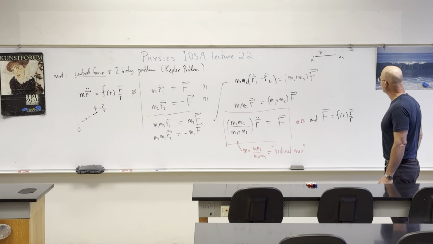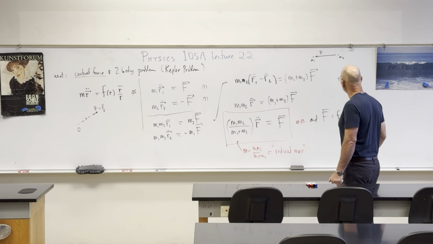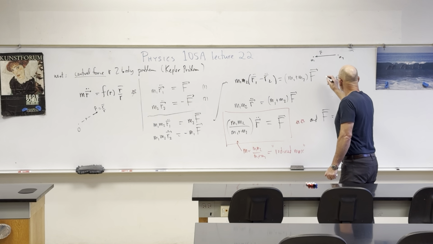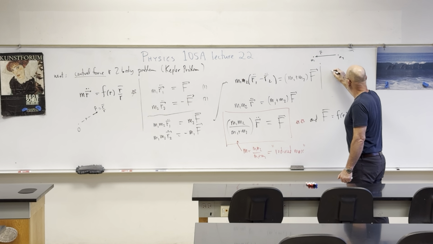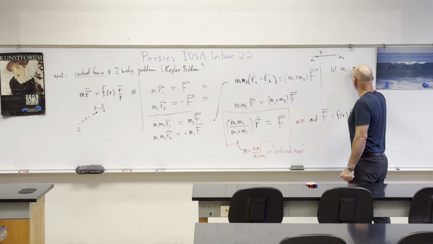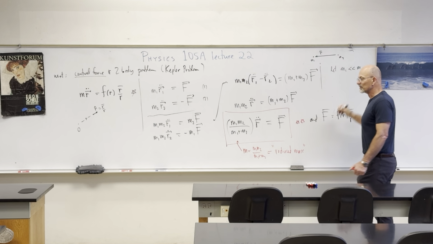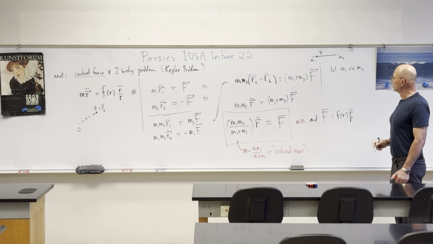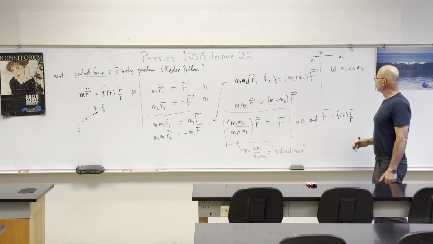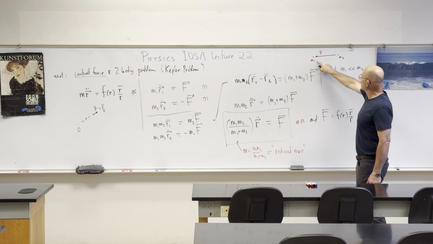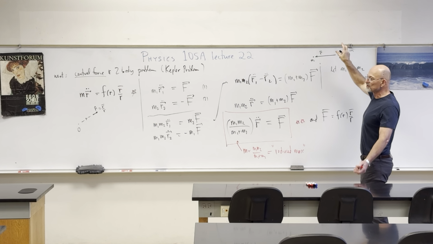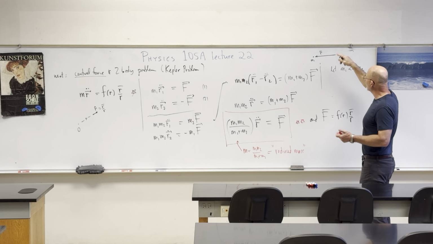So let's let M1 be much less than M2, so much less that M2 is essentially stationary, right? And M1 is orbiting it.